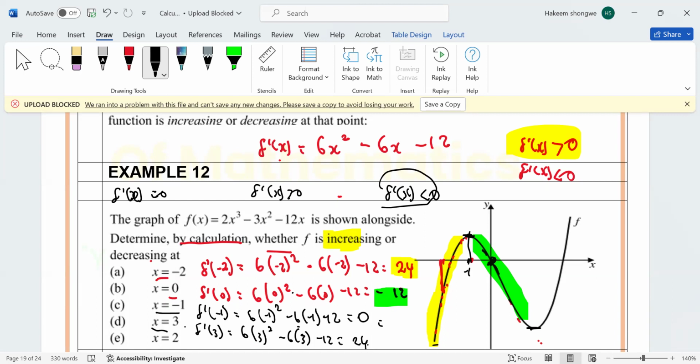If the gradient is positive, the function is increasing. This function is increasing.